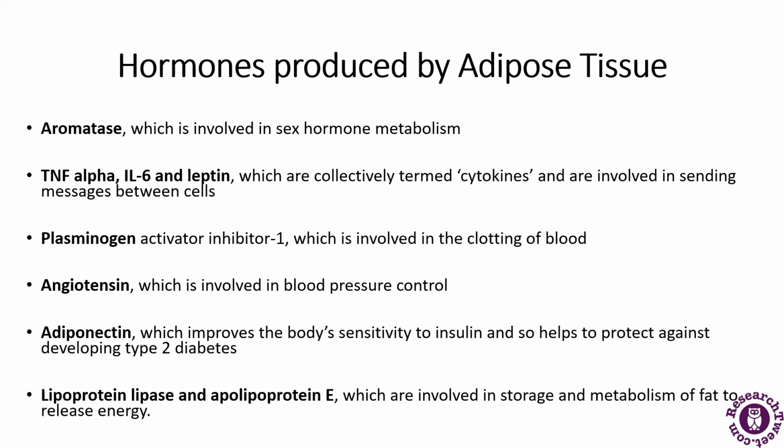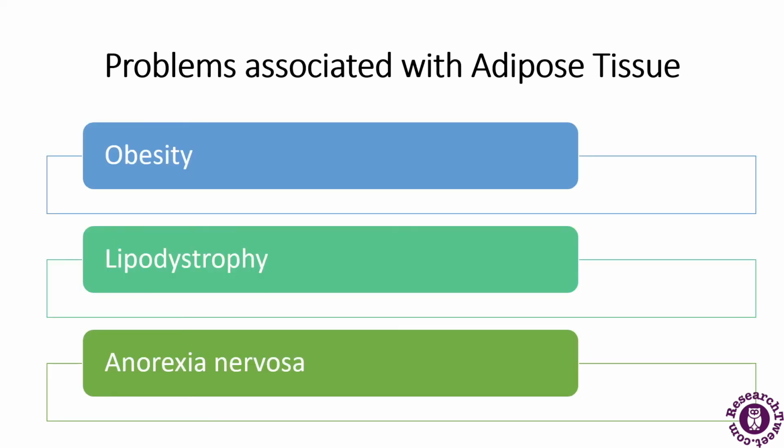Next we will be discussing the problems associated with adipose tissue. So what are the key problems? First of all, there is obesity, because adipose tissue is linked with body fat. So obesity is one major issue, along with lipodystrophy and anorexia nervosa.